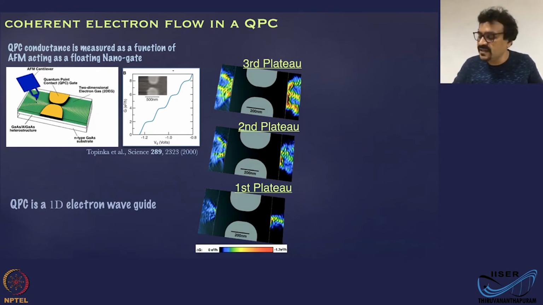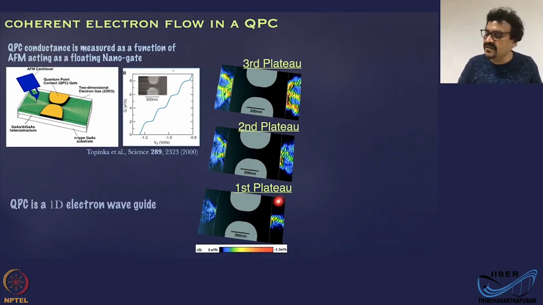So what you can see here is whenever the tip is far away from the center, you don't have any change. What they have plotted here is delta G, the change with respect to the tip. Whether you have the tip there or you don't have the tip there, it's a change in the current through the system.